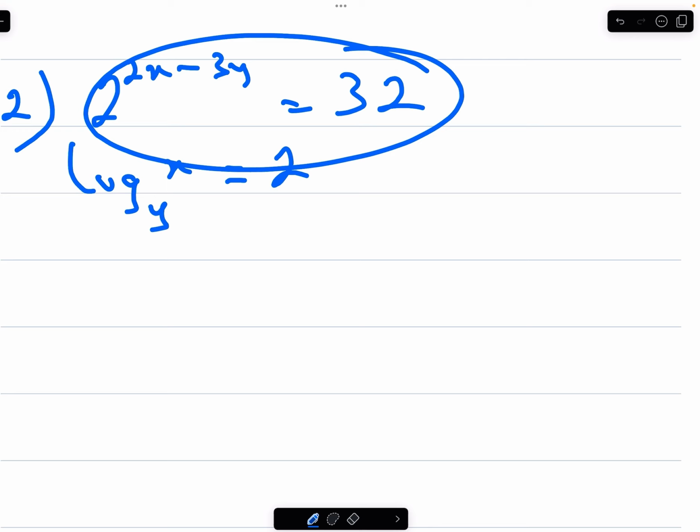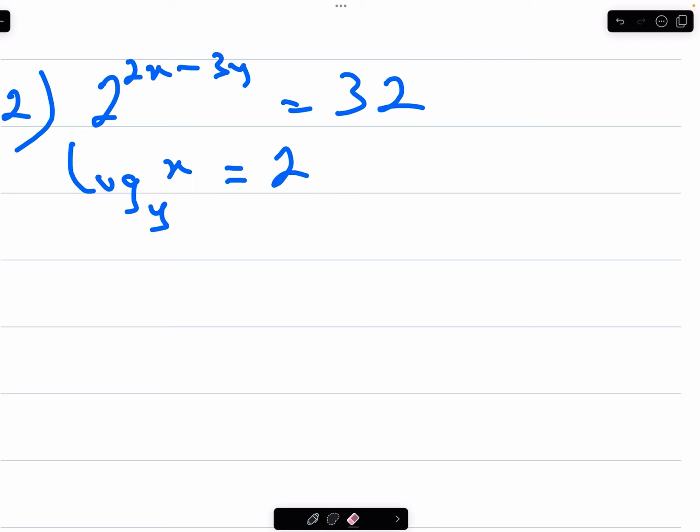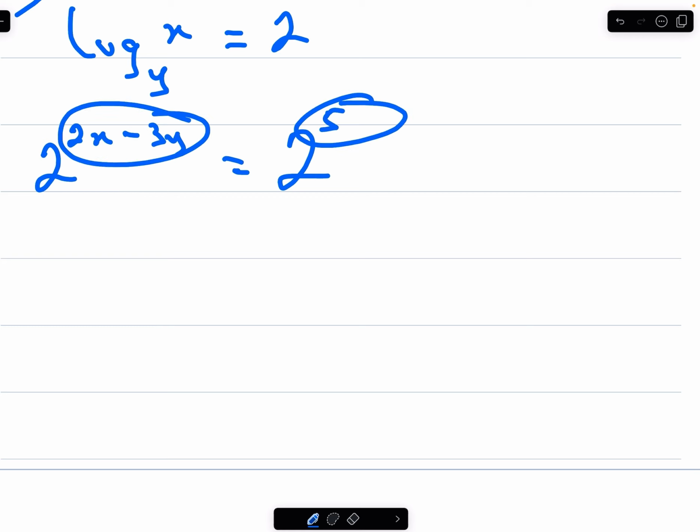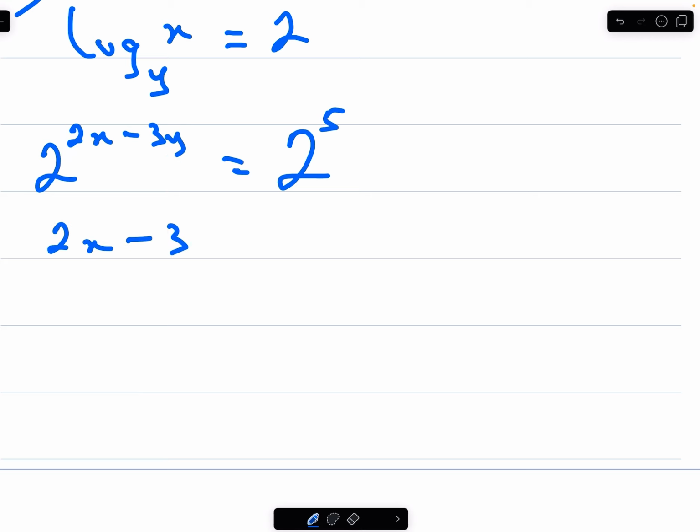From this equation, first of all, 2 raised to power 2x minus 3y equals 32 is the same as 2 raised to power 5. Now, if the bases are the same, then the powers are also going to be the same. So that simply means 2x minus 3y equals 5.